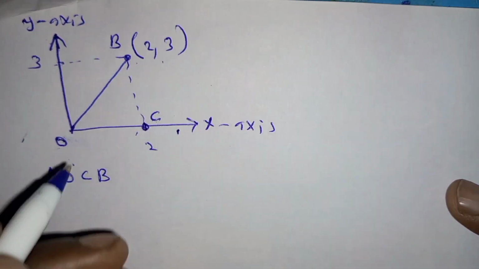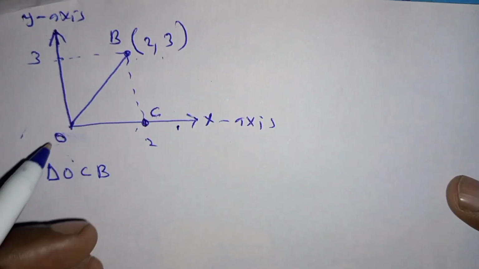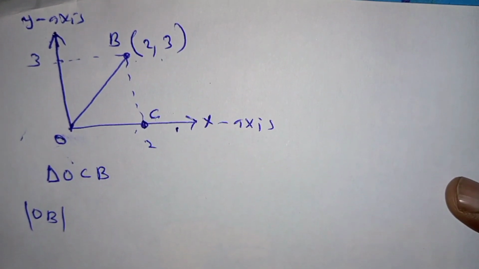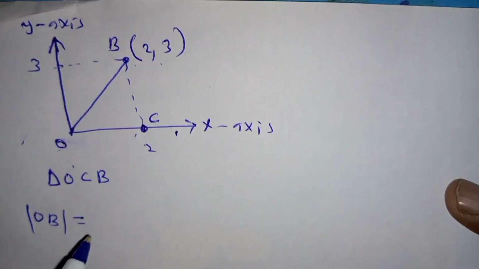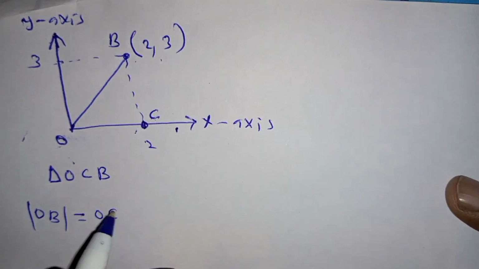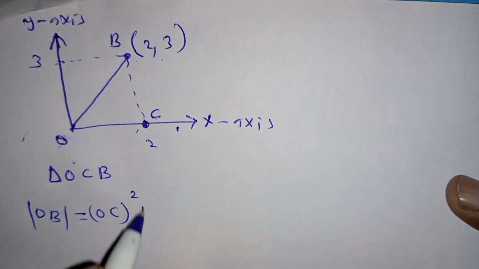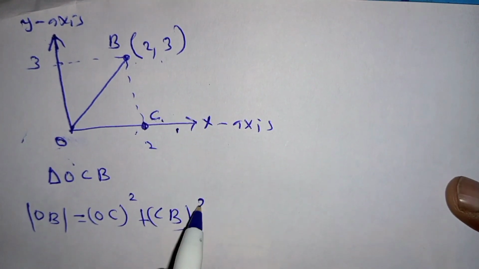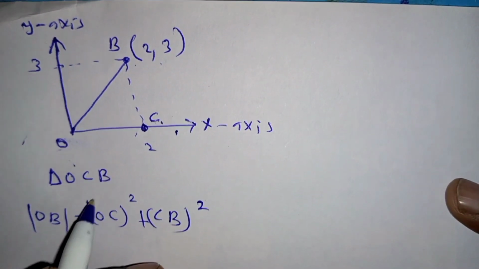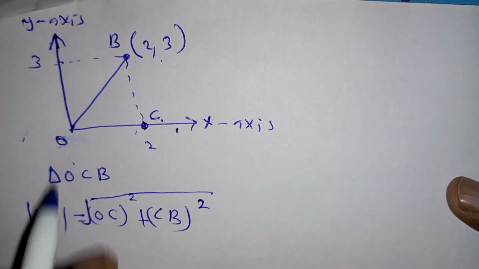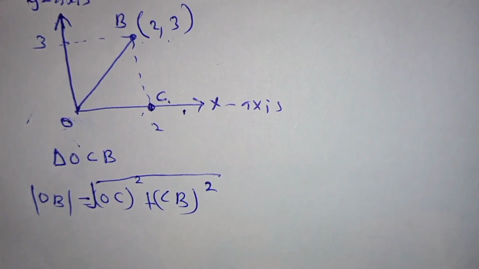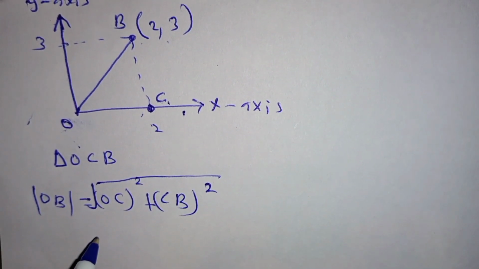So, the size of the vector OB, written that way, OB, or the modulus or the magnitude, will be given by the square root of OC squared plus CB squared. Note that OB is the hypotenuse. So by Pythagoras theorem, we substitute.